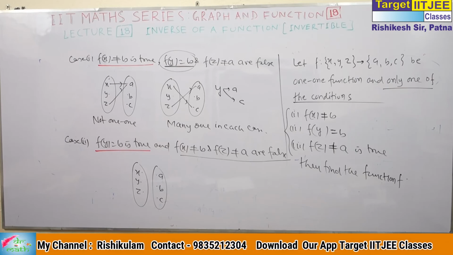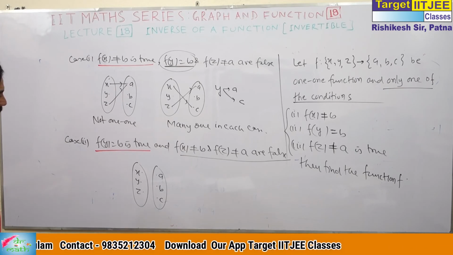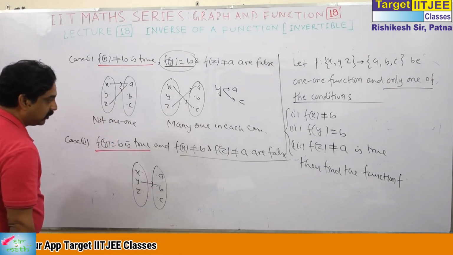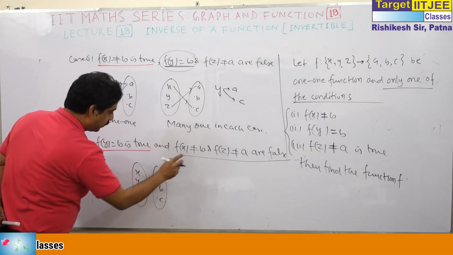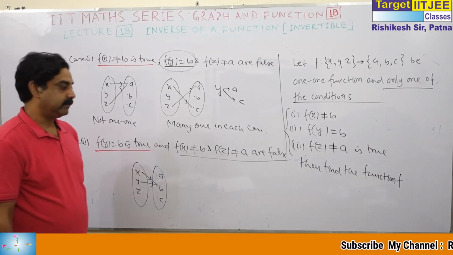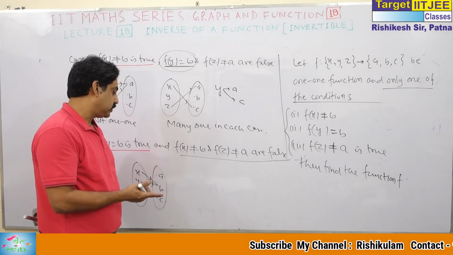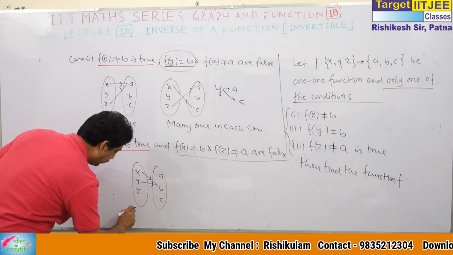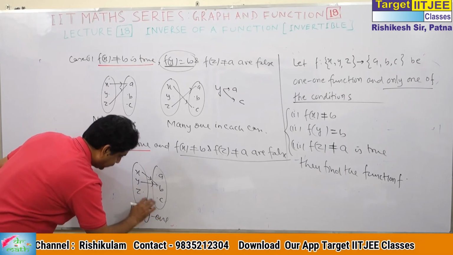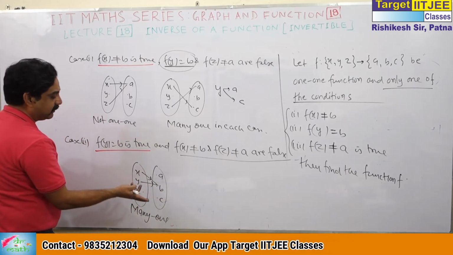This is x, y, z, and this is a, b, c. fy is equal to b is true, so y goes to b. fx not equal to b is false, which means x also goes to b. fx is equal to b is true. If we go from this, we get many-one. Now where z goes, a or c or b, doesn't matter, it is many-one.